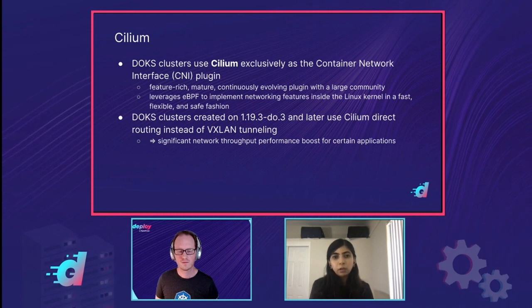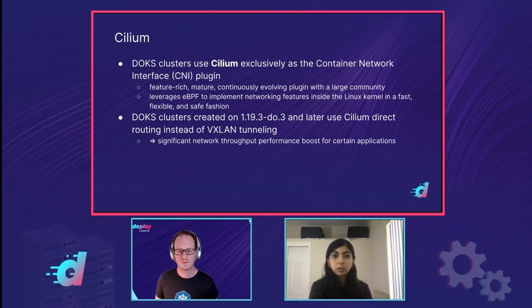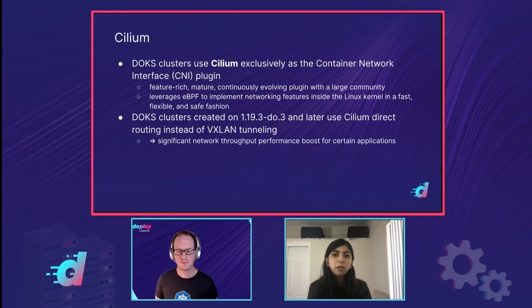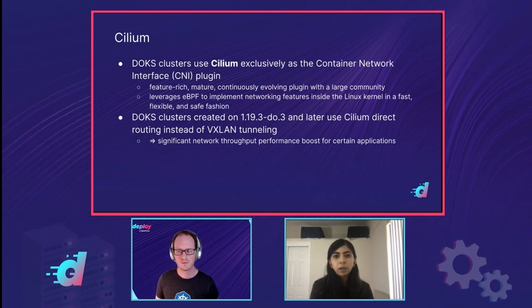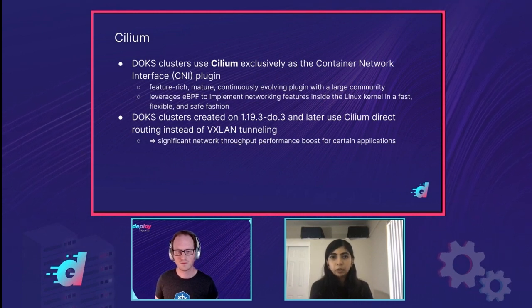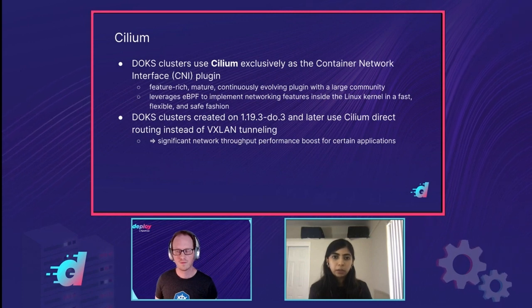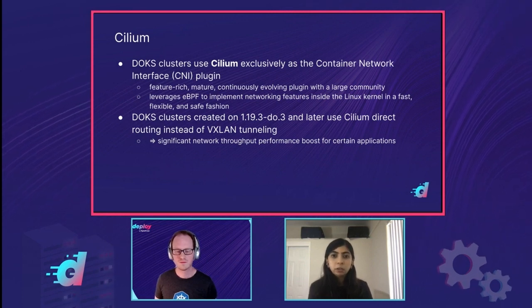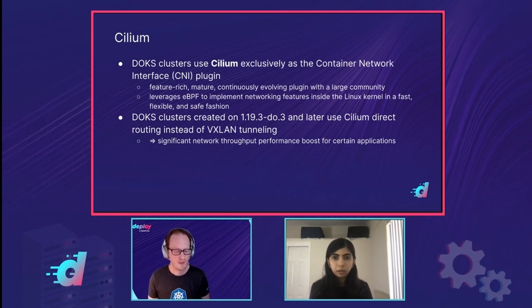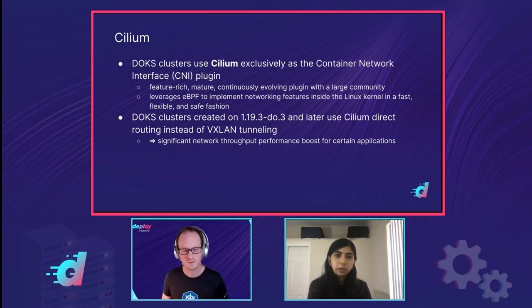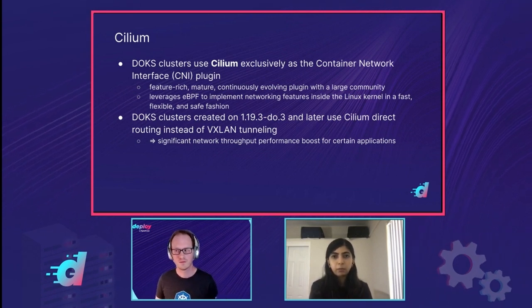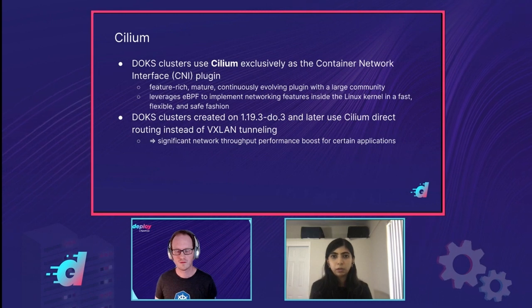So from DOKS 1.19 onwards, new clusters that come up use Cilium in direct mode. This means that Cilium leverages the underlying network's capabilities to route traffic from your internal workloads in the cluster. So traffic from your internal workloads appears as if it's being emitted from a local process on the host.